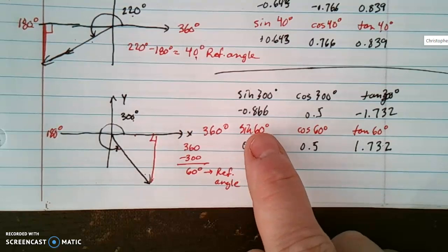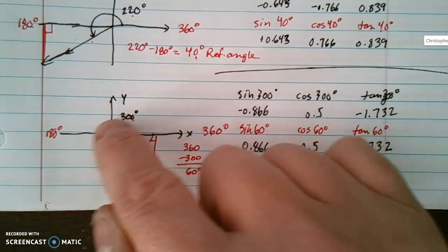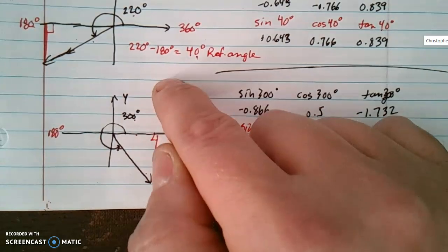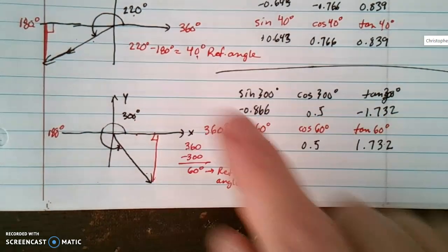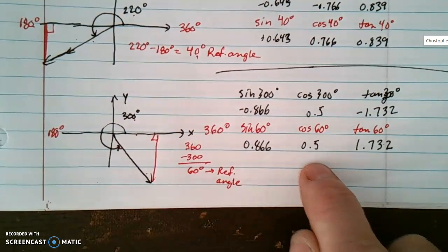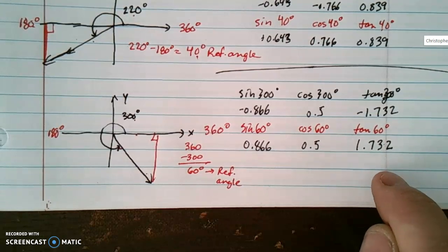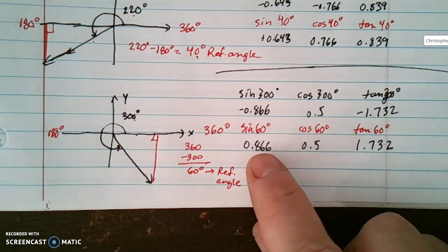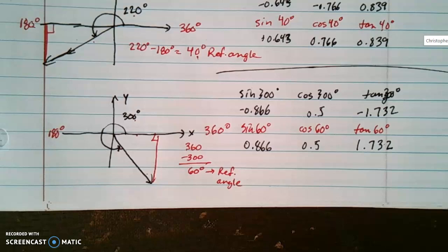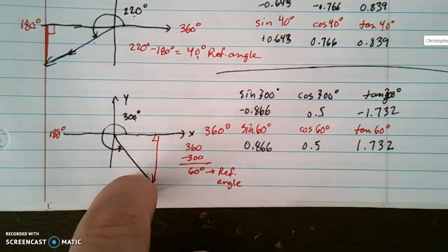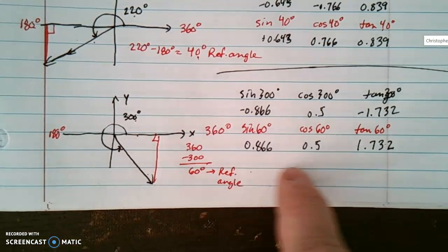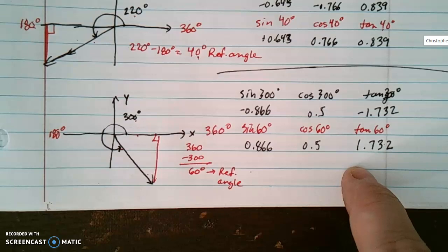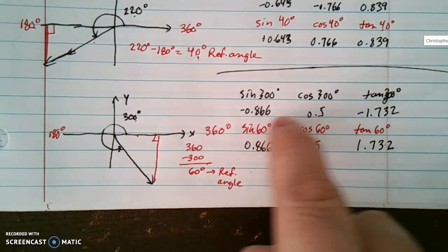If I tell it 60 degrees is actually in quadrant 1, which is to the right and up, everything's positive in quadrant 1, so the reference angle answers give me the same ratio, but they always give me positive numbers. So what these do is they tell me the ratio and they let me solve problems, but they don't tell me the direction. So as long as I draw a good picture and I know the direction, I can use these numbers to solve the problem.